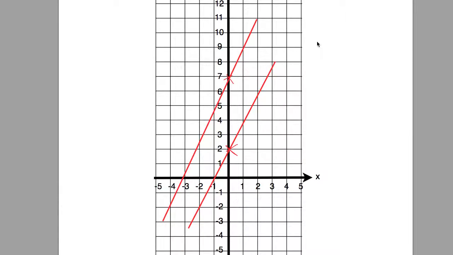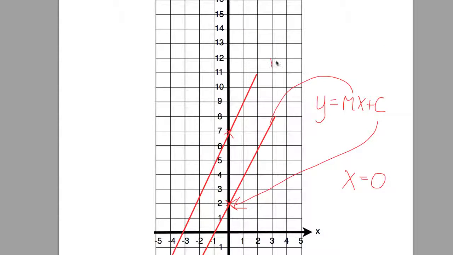So if you look at y equals mx plus c, that c is always your y-intercept, and that's always at the position in which x equals 0. Okay, and m is your gradient, so that's how steep your slope is, and y equals mx plus c is the equation of your straight line.